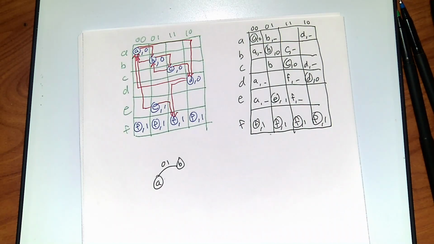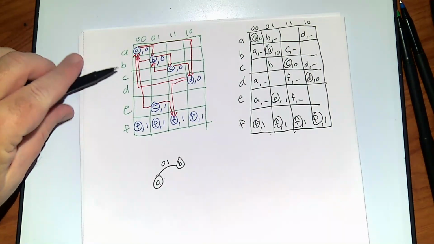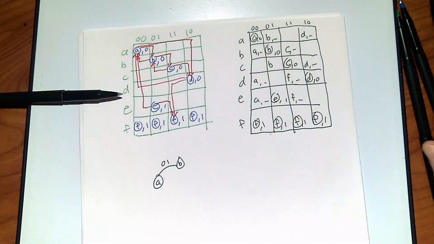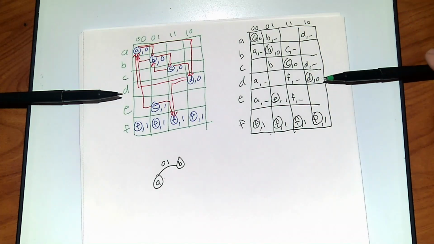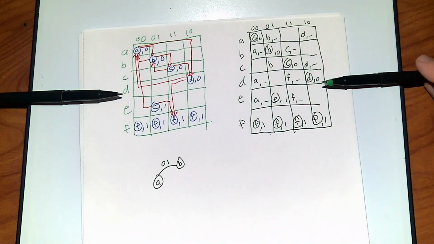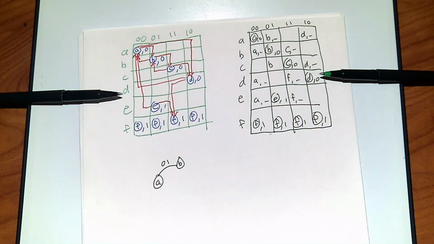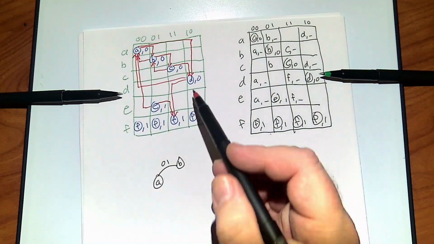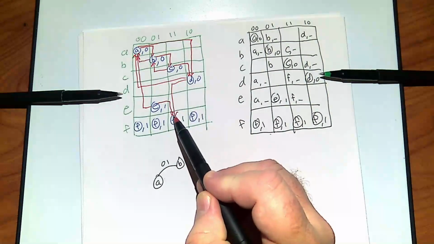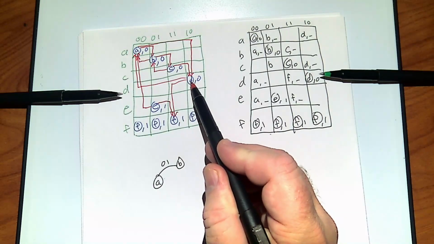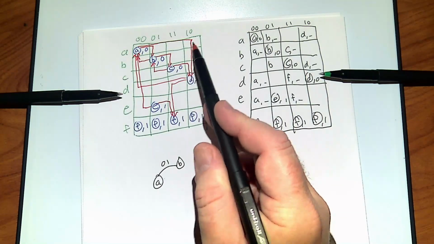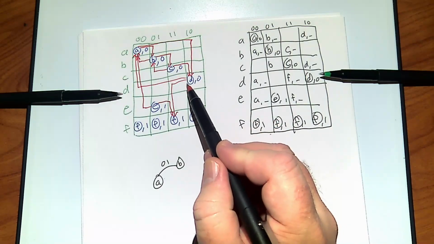For instance, on row D, I've got row D here, row D here. So if I look at the first arrow off D, I see this arrow off D. If I'm at this stable spot, the input is 1, 0.